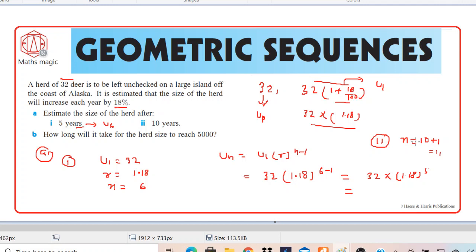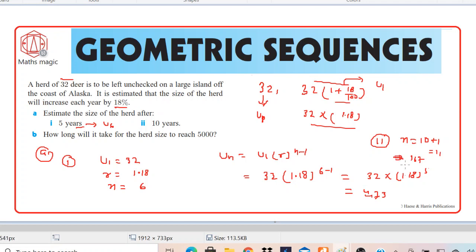For the first part, your answer is going to be approximately 73, and for the second part it's going to be approximately 167.